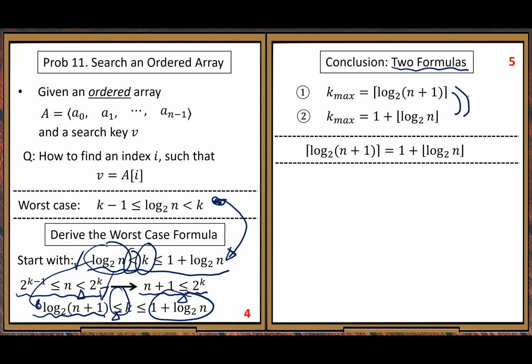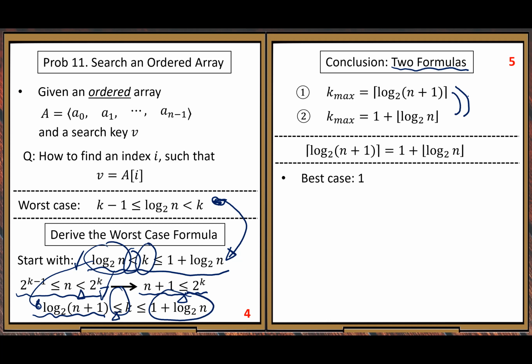This formula is given in our textbook, in the appendix. They are equal, and this formula can be proved by mathematical induction.